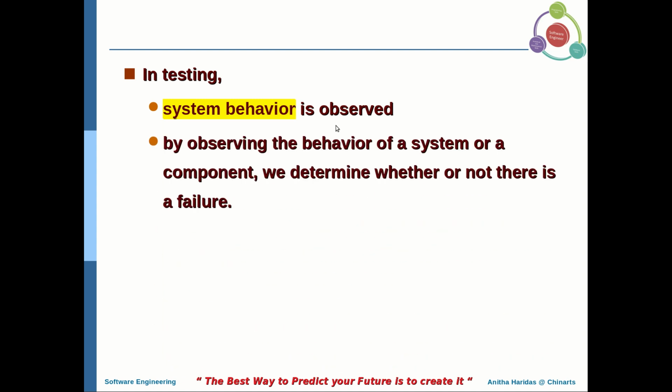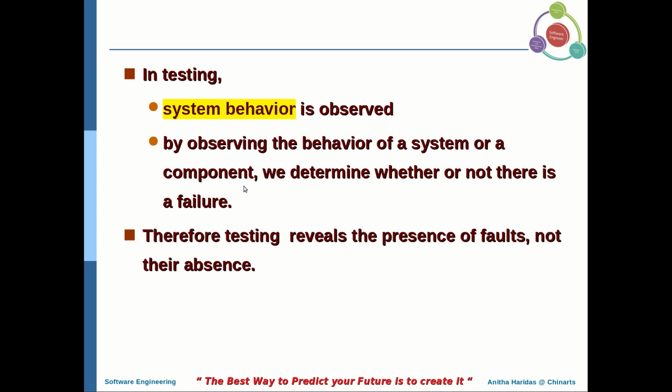By observing the behavior of a system or a component of a system, we determine whether or not there is a failure. When you execute your program, module, or component, you check whether any failure is there in the system or not. If there is a failure, what action is to be taken? That is what you do in testing.